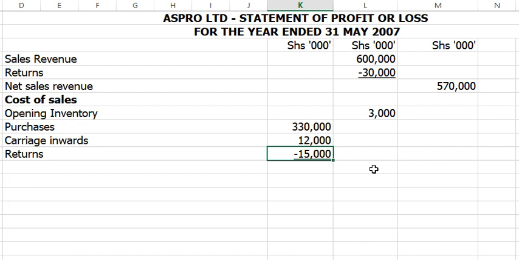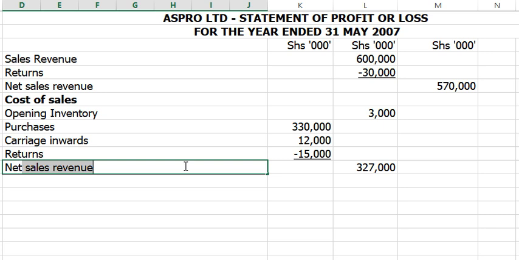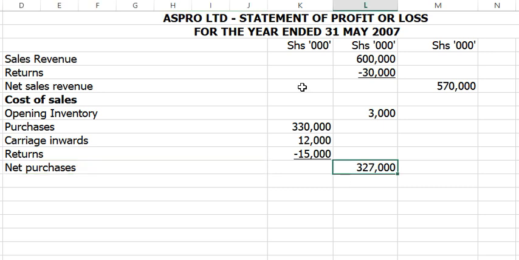We get what we call the net purchases, 327,000. Now we add the net purchases figure to our opening inventory to come up with what we call the cost of goods available for sale.